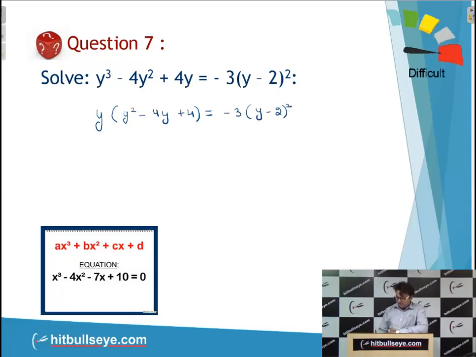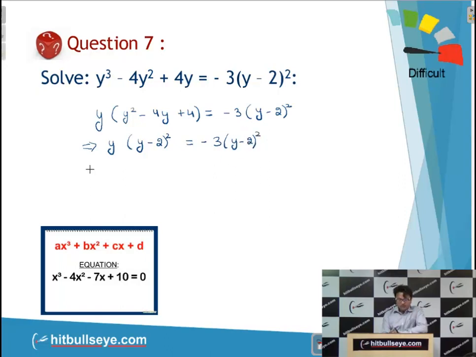Now if we observe it carefully, this y square minus 4y plus 4 is also the square of y minus 2 whole square. So that means, could I write this as y minus 2 whole square equal to minus 3 y minus 2 whole square? Now normally here students will try to cancel out y minus 2 whole square with y minus 2 whole square, which is actually wrong, students.